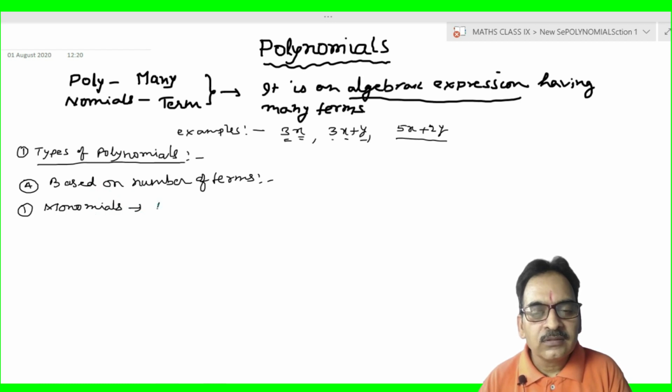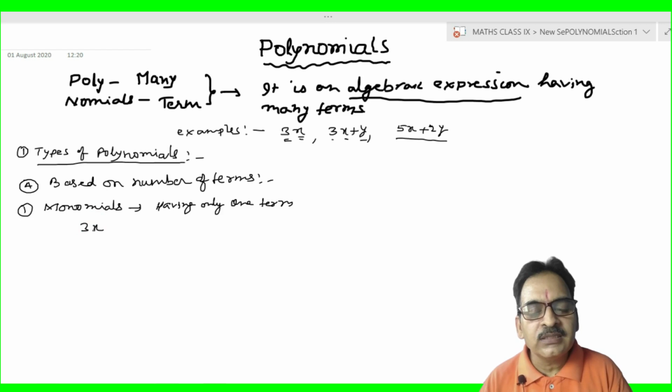Having only one term. Okay, like 3x. So into doesn't differentiate the terms. Okay, if it is a plus or minus, then only it differentiates the terms. If into and divide are there, they are considered as one term. Like 3x is also one term because 3 into x.